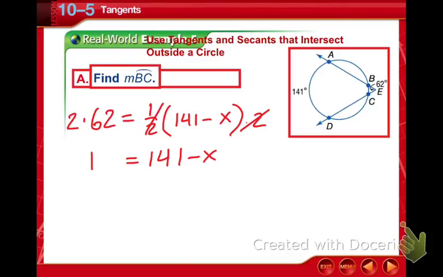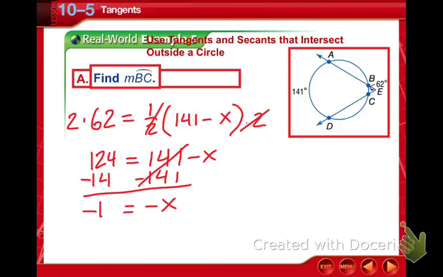Okay, I need to go home. It's the end of the day. That makes more sense. That's what I have in my notes too. So we subtract 141 from both sides. Then we get that a negative X is equal to negative 17. So that means that X is equal to 17.